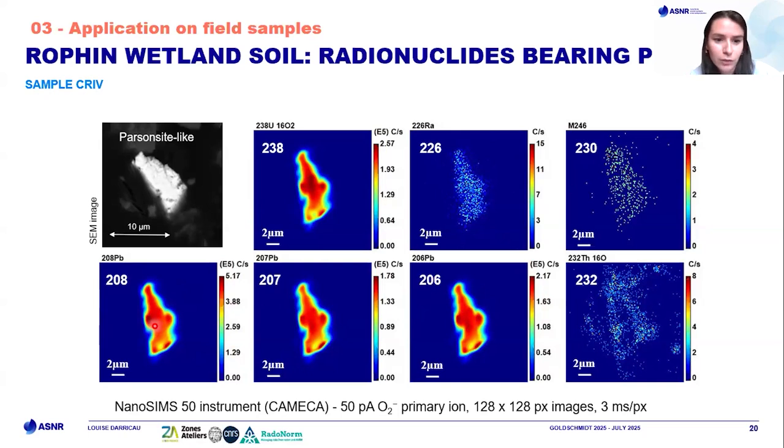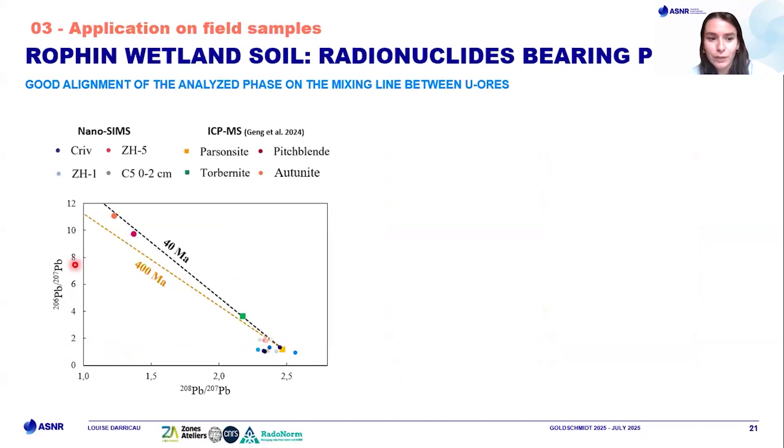So I'm going back to my lead isotope ratio, 208, 207, 206, and we can compare the isotopic lead ratio of the phases that we observed to the parsonsite and pitchblende ore, so the two ore minerals that were processed at Rofin, and we can put them on a mixing line between these two uranium ores.